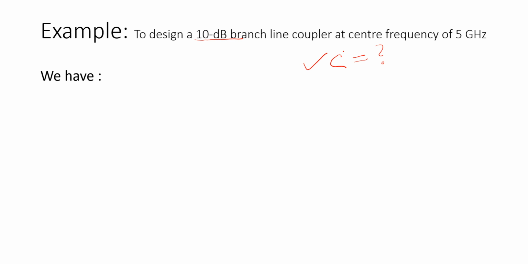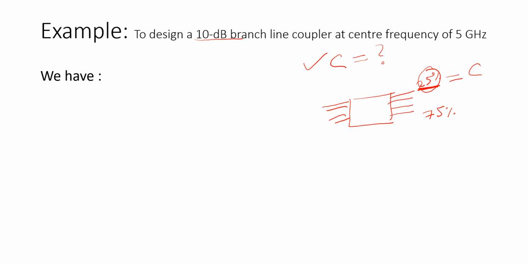For example, if somebody says this is your BLC and I want 25% power in this port and the rest, 75%, in this port, then you should get the design for this BLC. So you convert this 25%. What is this?